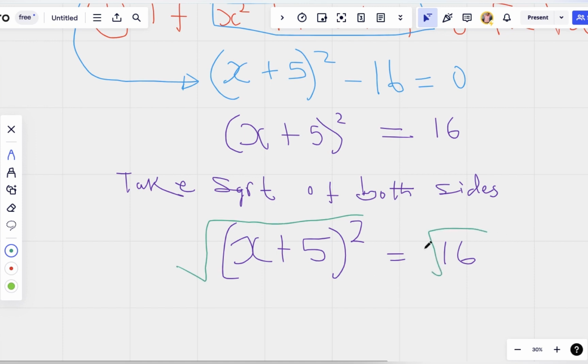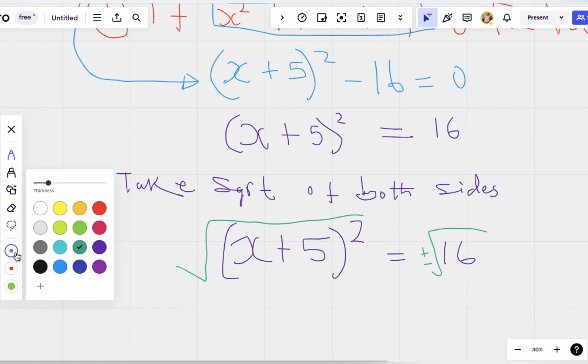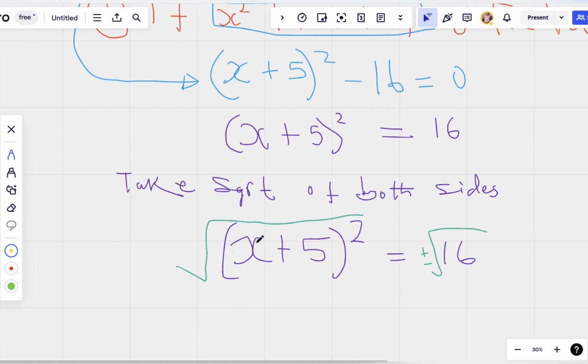In mathematics, once you take square root, you get plus minus. Because, for example, minus 4 square will give you 16. Plus 4 square will give you 16. So you must get plus and minus. This square root cancels the square. That's the reason why we took the square root of both sides, to be able to cancel the square.